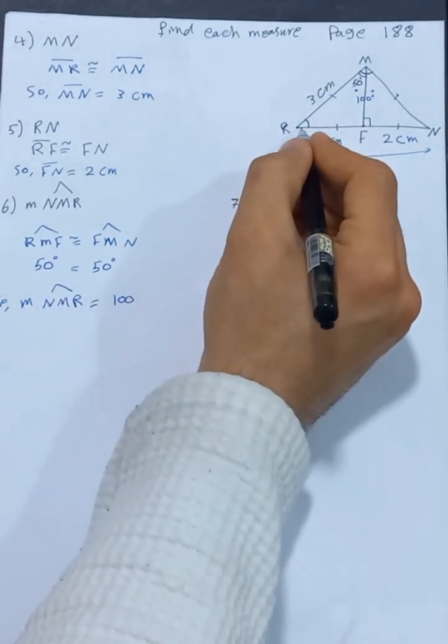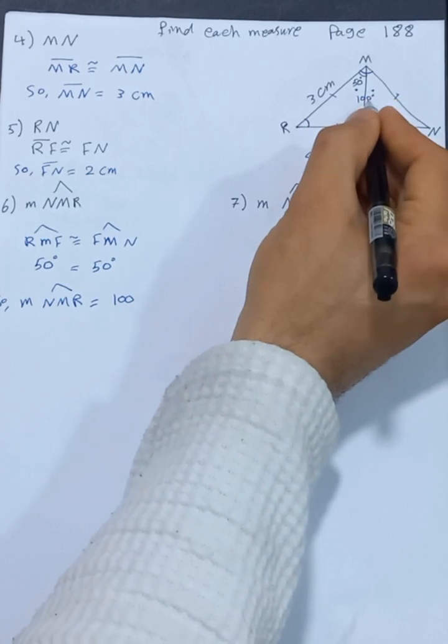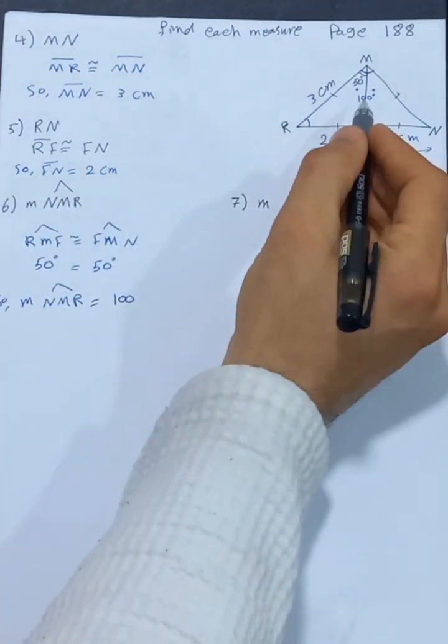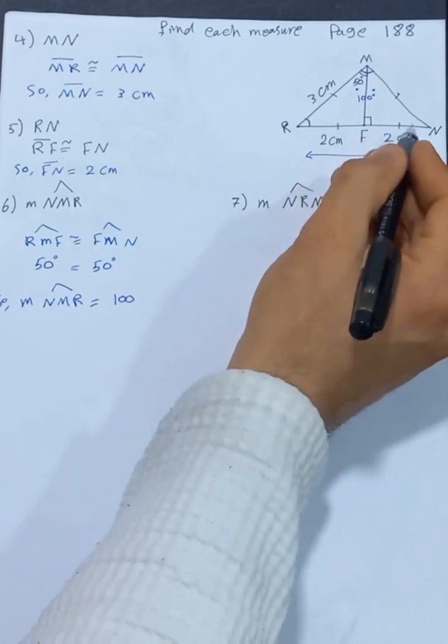So if that one is 100 degree, how much do we need to get 180? We need 80 degree for both of them.